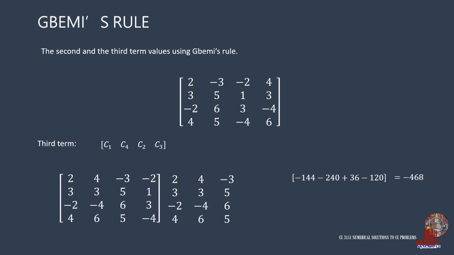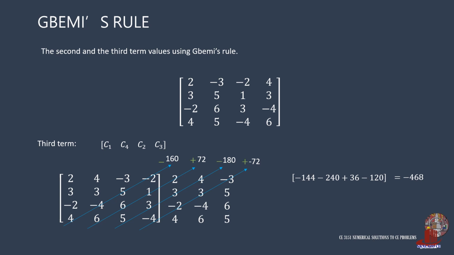The anti-diagonals start with 4, negative 4, 5, and negative 2, giving 160. The next is 6, 6, 1, and 2, which makes 72. The third has 5, 3, 3, and 4, resulting in 180. Then the last anti-diagonal has negative 4, negative 2, 3, and negative 3, giving negative 72.